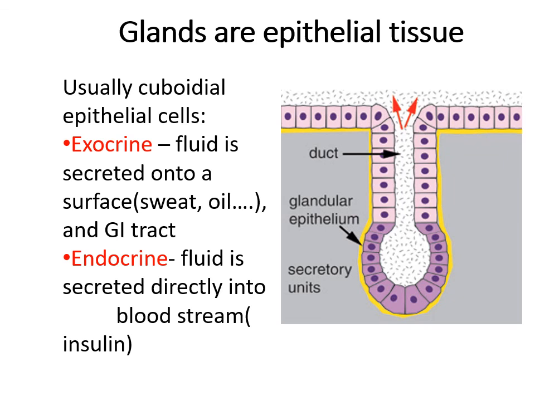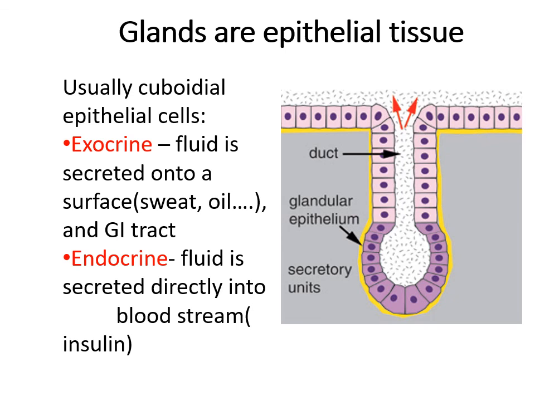Okay, endocrine glands, which we'll cover in another module, are glands that secrete into the bloodstream, right? So the pancreas is a perfect example that secretes insulin into the bloodstream, or the adrenal gland that secretes cortisol into the bloodstream, or the thyroid gland that secretes thyroid hormone into the bloodstream.